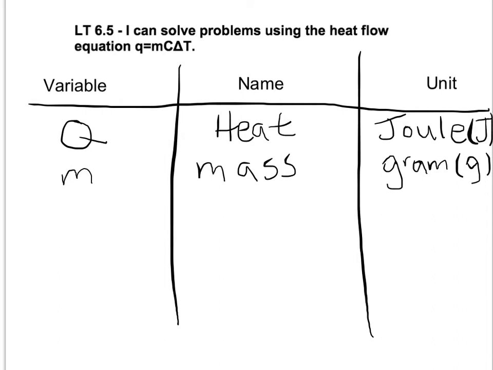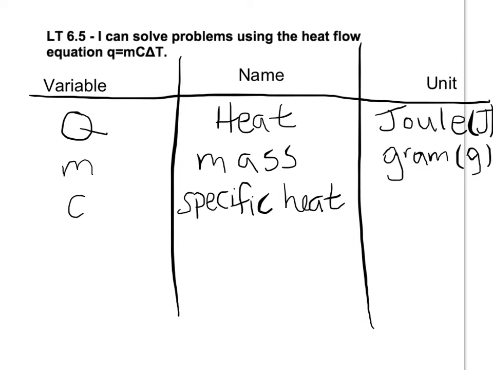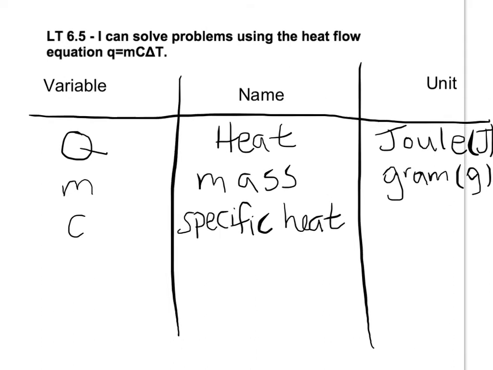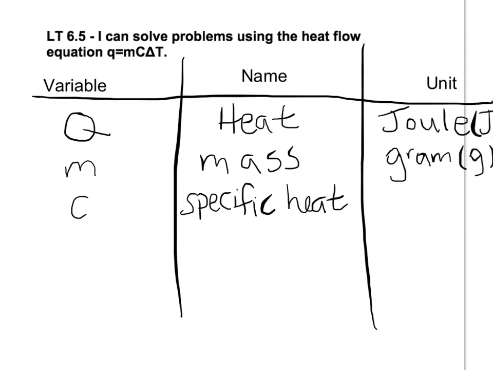The next one is C, which stands for specific heat. And the unit for this one is joules per gram times degrees Celsius. So that's a pretty big unit for that one.